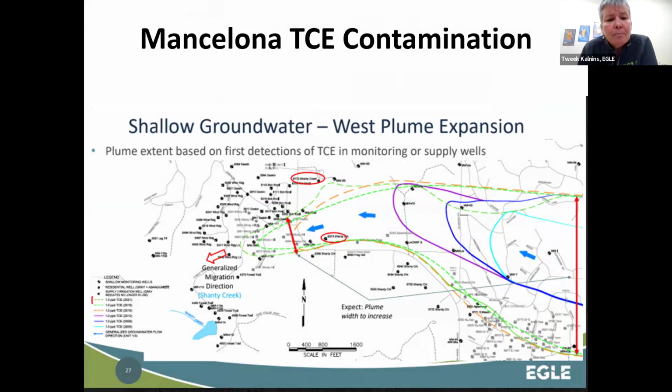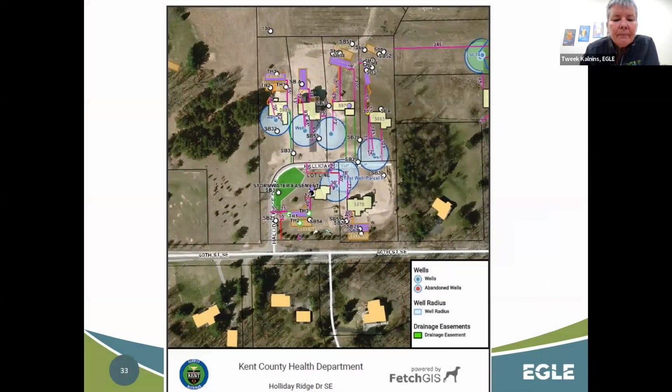Same thing with this big honking TCE plume up in Mancelona and Antrim County. With that data, consultants have been able to map the plume and where all the wells are and the sample results and everything. Again, it's just crucial that the well locations are accurate.